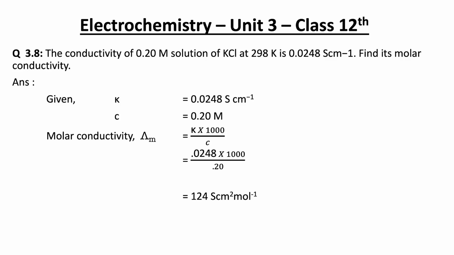So, children, we know that molar conductivity is equal to K into 1000 upon C, C that is concentration. So, placing the value of K and C and substituting it into the formula, we get the answer 124 Siemens centimeter square mole inverse. It is one of the questions of previous year CBSE board exam.